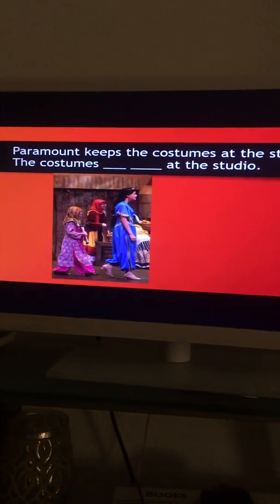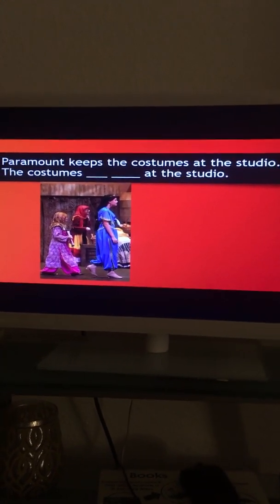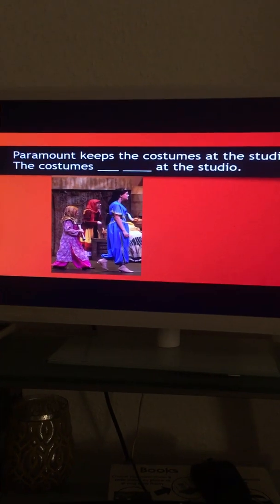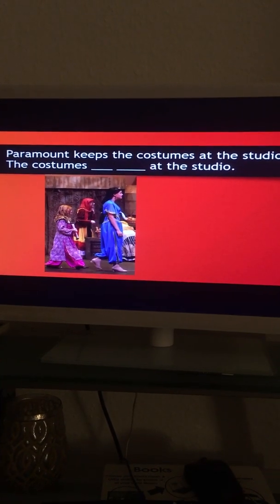Now look at this one. Paramount keeps the costumes at the studio. Paramount keeps the costumes at the studio. The costumes, you have got keep there. What would you put here as a form of to be, and what is the past participle?